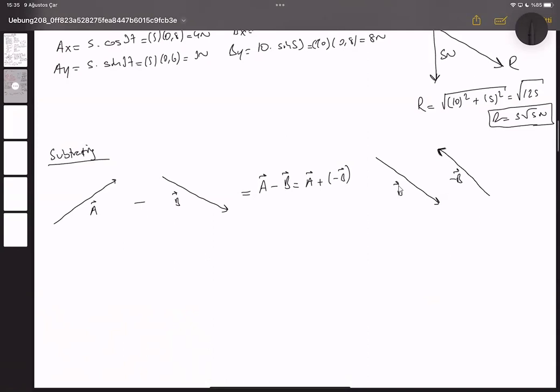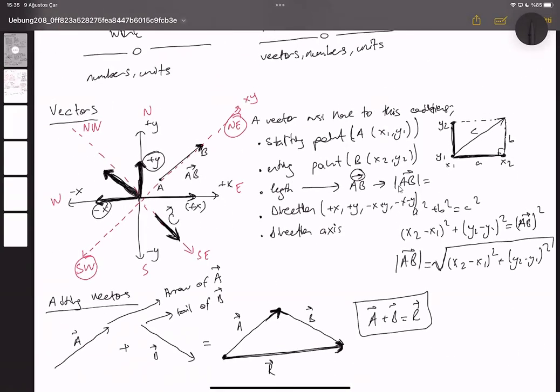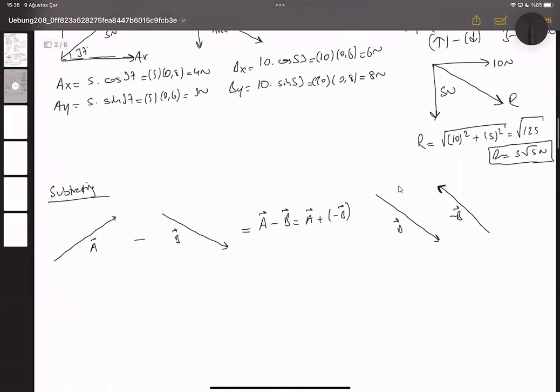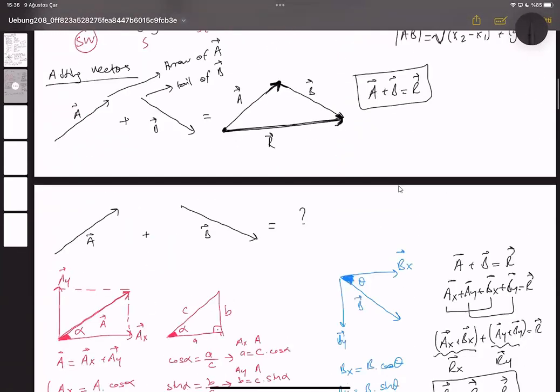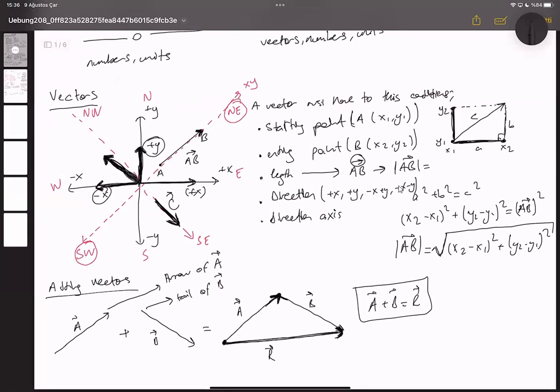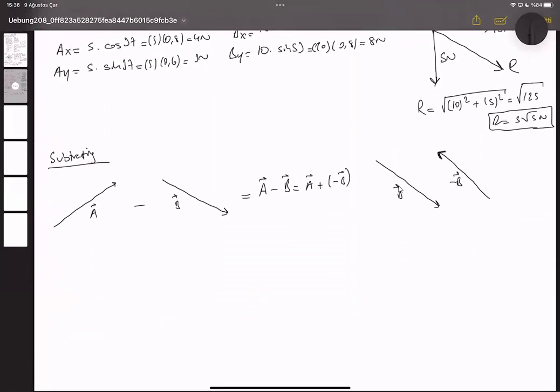We talked about the direction axis for the vectors, for example, southwest to northeast or northwest to southeast. As you can see, our vector b is on the northwest-southeast direction axis. So if we inverse it, we must change its direction to the other side, the negative side.